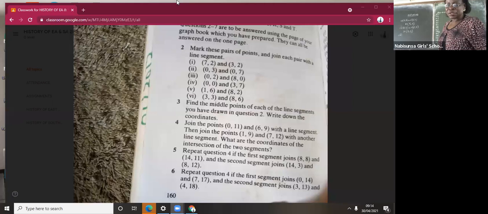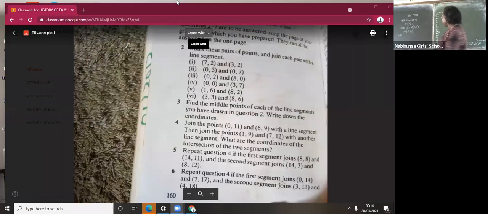Is that okay? Now, question number 3, the line segment joins points (0, 2) and (8, 0). The condition is that we first plot them on the blackboard.